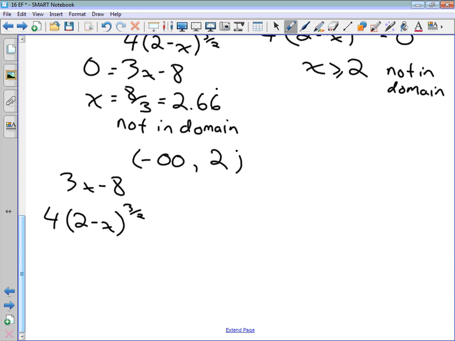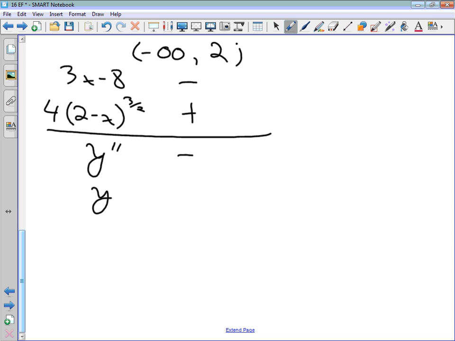So these are our two terms. I can imagine plugging in x equals 0 here, and I'm going to get something negative, something positive. So my second derivative is always going to be negative, which means my function is always going to be concave down, no matter what I do.